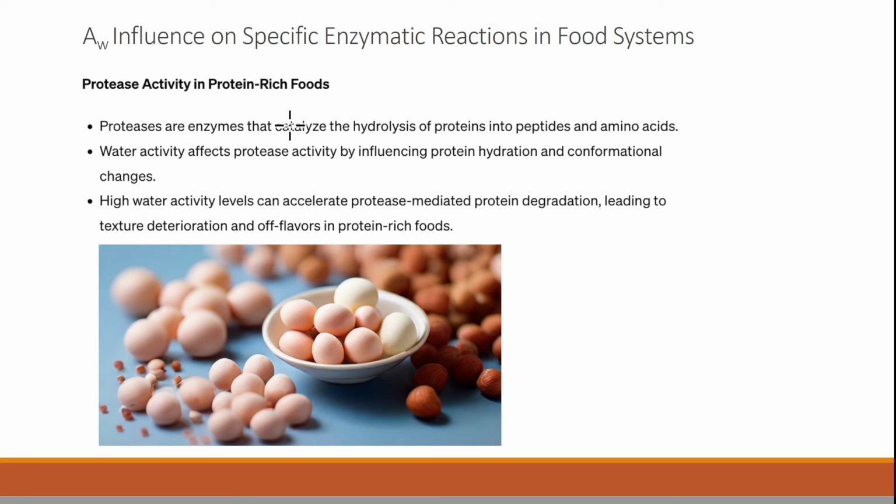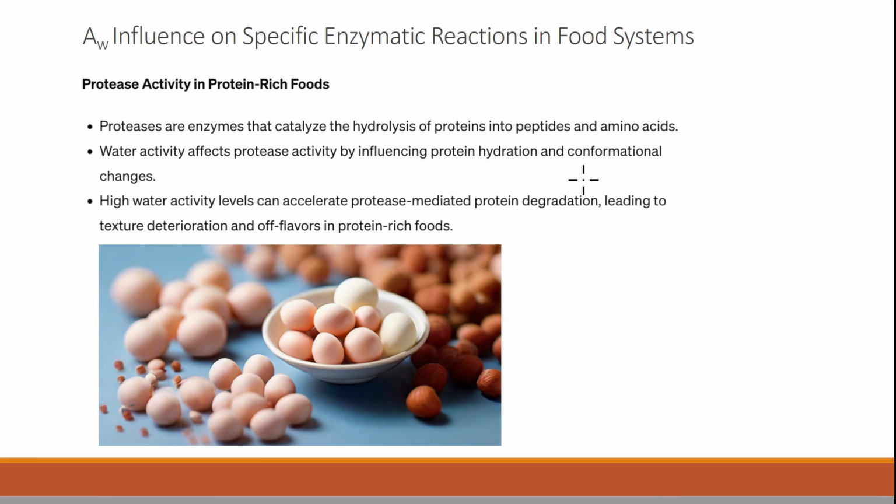So from large molecules of proteins into smaller peptide molecules containing a couple of amino acids, and then individual amino acids are also present. Water activity affects proteases by influencing protein hydration and conformational changes.